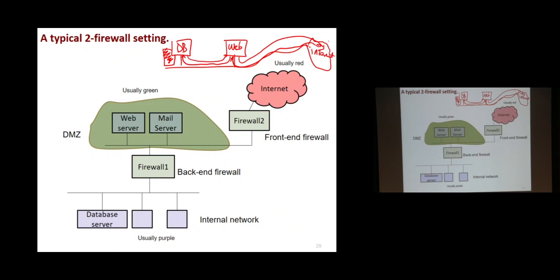Now, look at this database server. The database server only receives requests from a few parties: from the web server, from some internal machines, and so on. People outside normally do not access the database server.